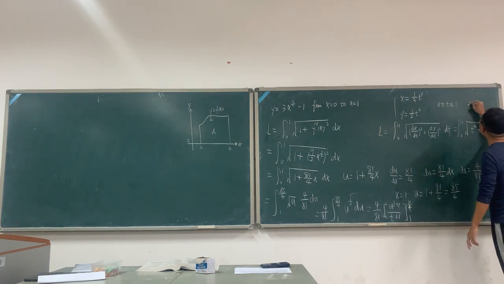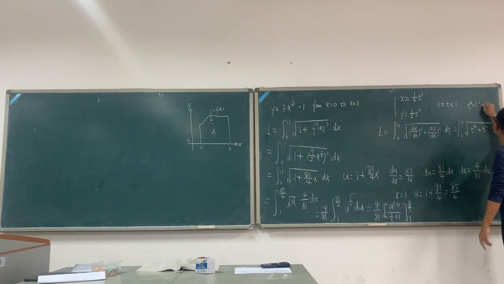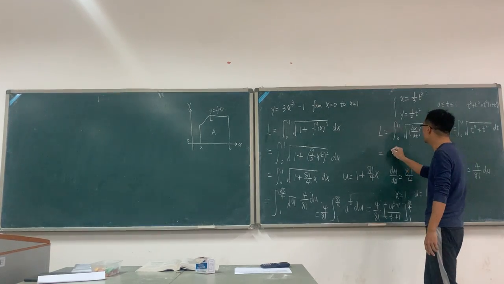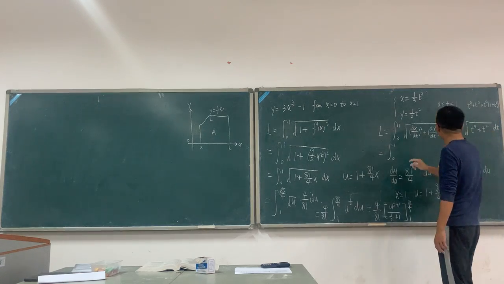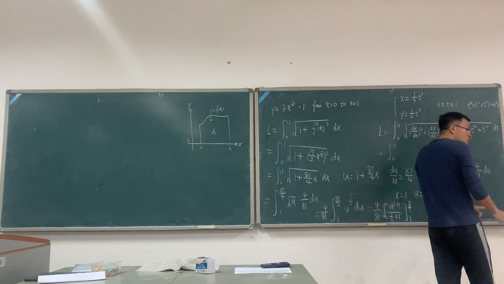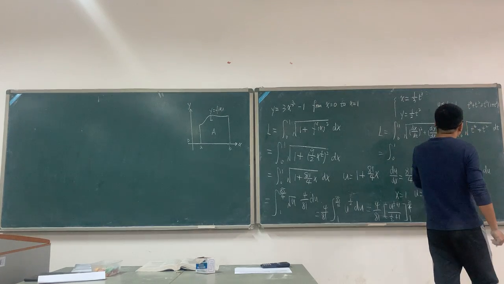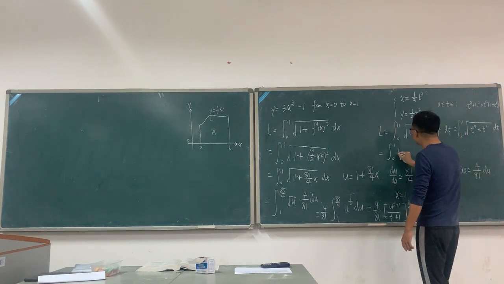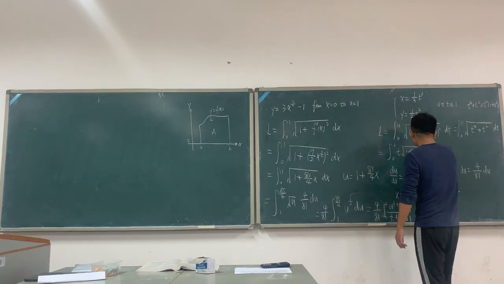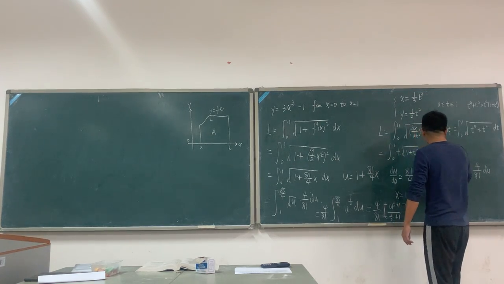With t to the fourth power plus t squared, we can take out t squared, so t squared times (1 plus t squared). Because t is from 0 to 1, t is positive, so the square root of t squared is t, times the square root of 1 plus t squared, dt.